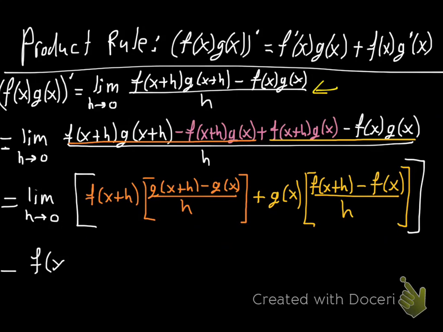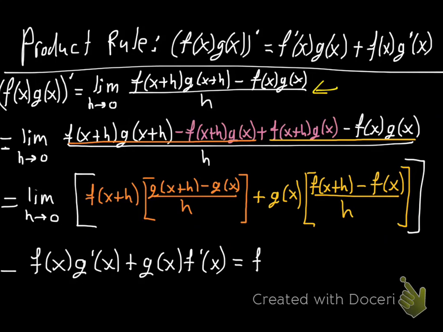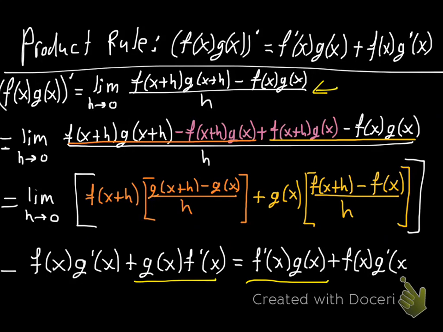So this becomes f of x g prime of x plus g of x f prime of x, which isn't quite what I said up at the beginning. I said it was f prime of x g of x plus f of x g prime of x. We can switch the order around. Addition and multiplication are commutative, so we can make this f prime of x g of x, and then plus the f of x g prime of x.